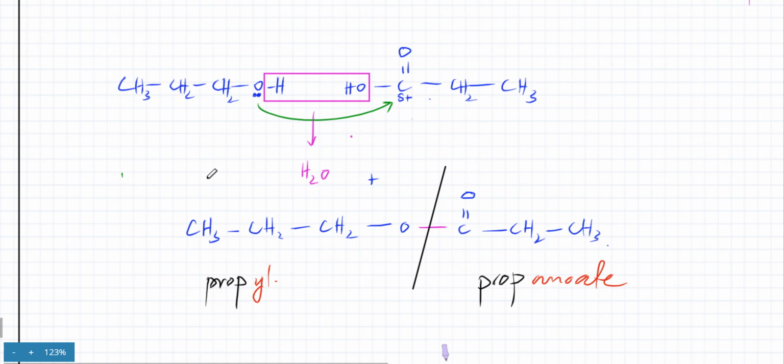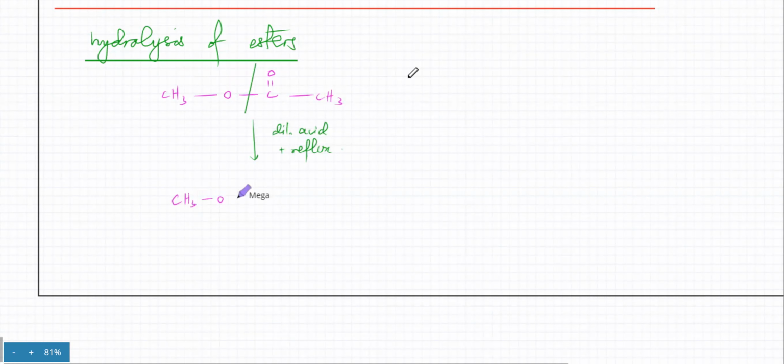So when you heat it with dilute acid, it's going to break down. And this part would form the alcohol back again. It's going to become CH3OH. The other side would become CH3, C double bond O. And there's going to be an OH attached over here, H attached over there, and an OH attached over here on the right side.